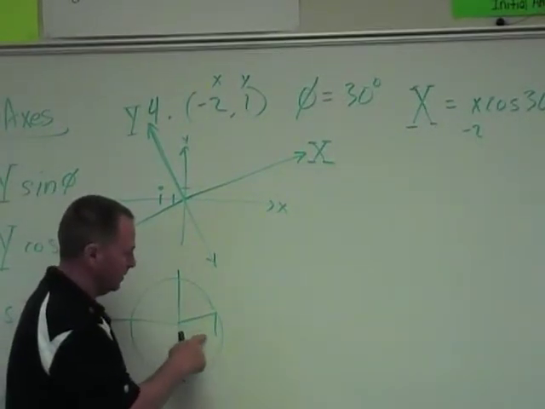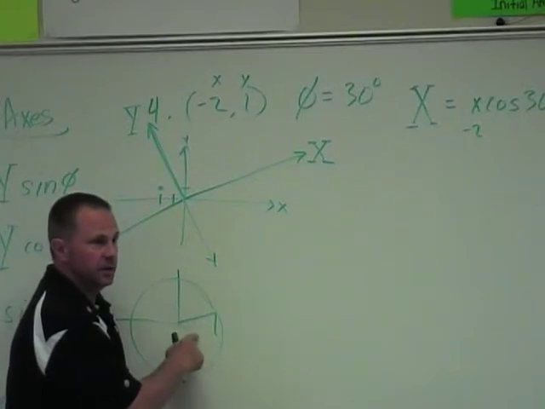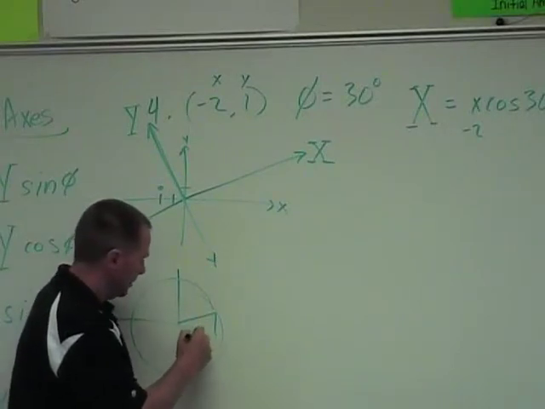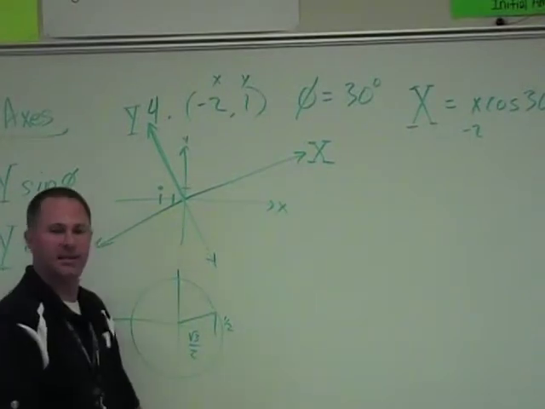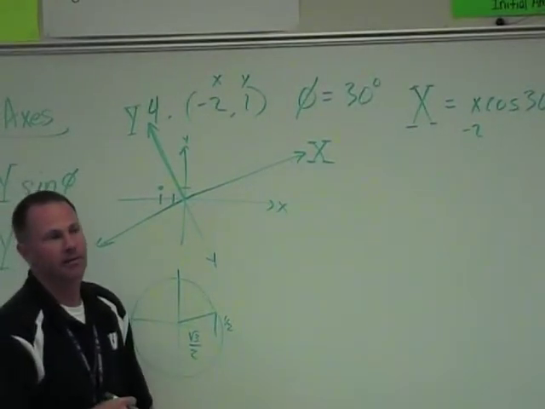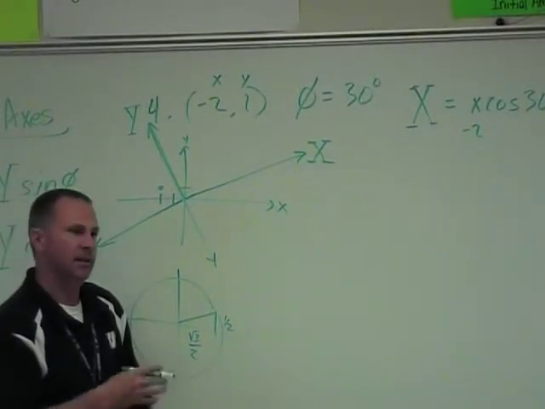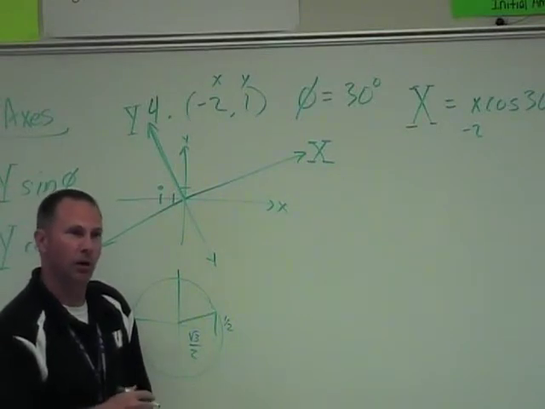Cosine here is the long leg because it's the x. So what is that value? Radical 3/2. What's the short leg? Amazing. You guys acted like you couldn't learn that. You guys are going to test out of pre-calculus and have to take Calc 4.